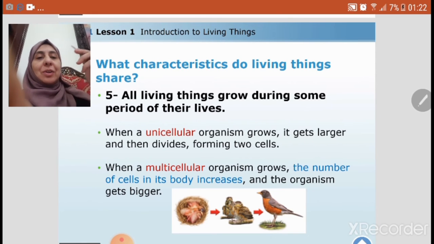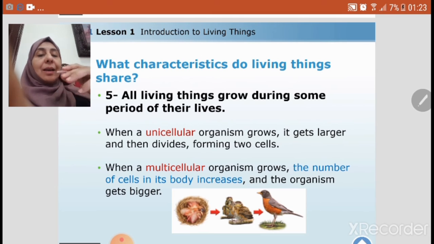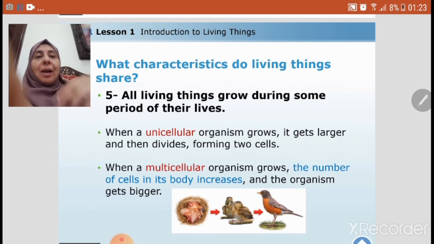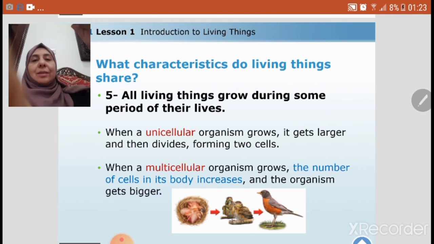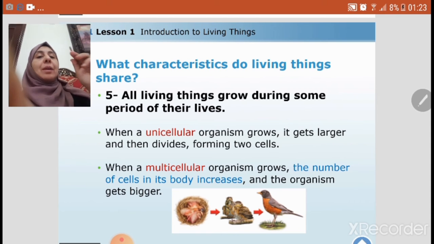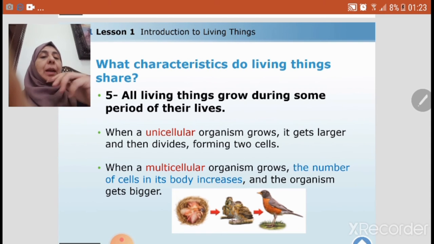Also your picture when you were in KG, in grade 1, now you look different. After a few years, when you become a mature adult, you will look different than now. So this is growing, because you are a living thing.